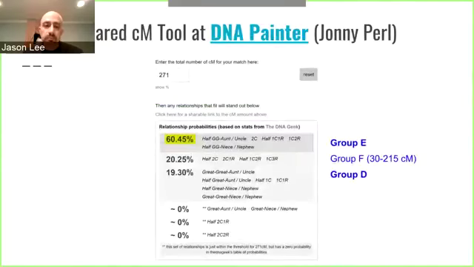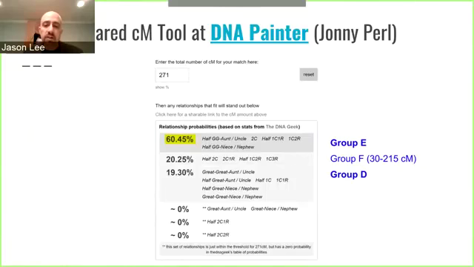We can also use a tool such as the popular Shared cM Tool at DNA Painter. This is from Jonny Perl. This is a very popular resource for good reason. If we plug 271 centimorgans into this tool, we're told that Group E is the most probable scenario by far, a 60% chance of a match coming from this category with 271 centimorgans.